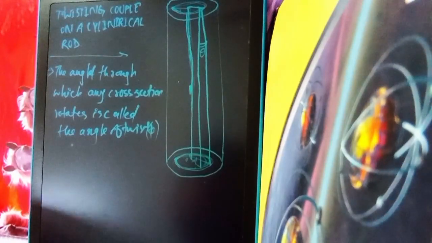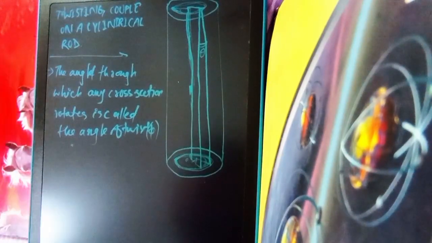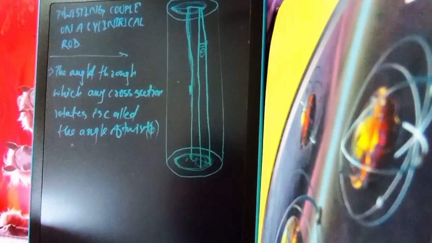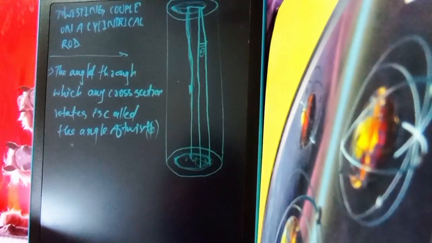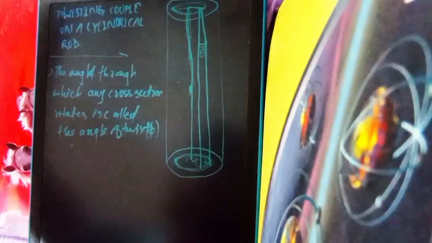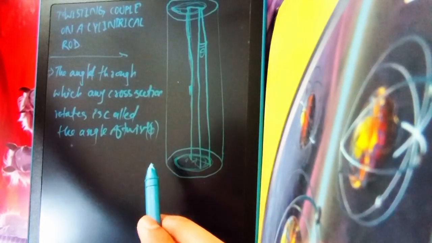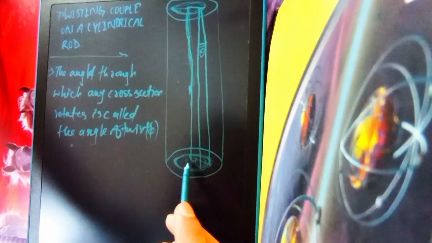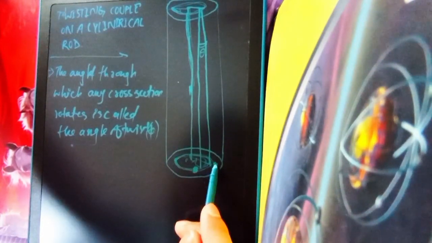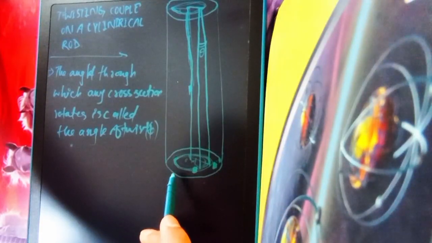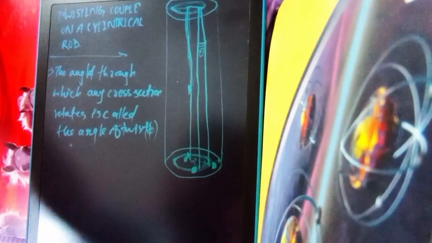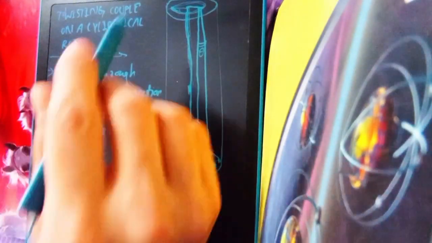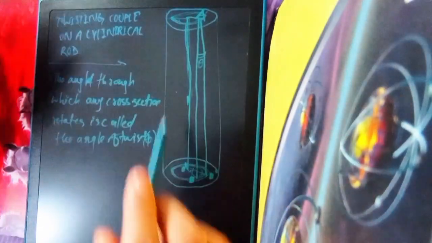Before twisting, the rod is such that we will let line AB be shifted to AB dash. Here, this is B, this is B dash, and this is O dash, and this is A. The outer surface AB will shift to AB dash.